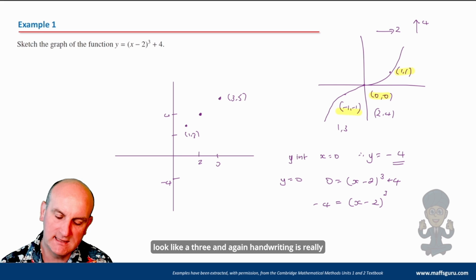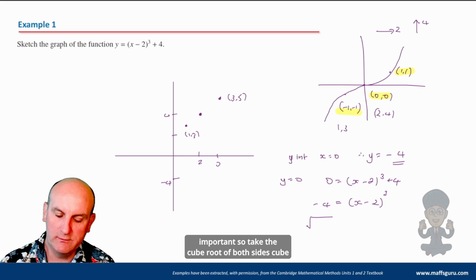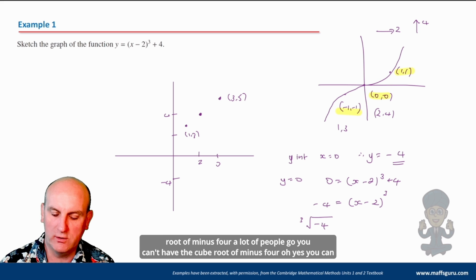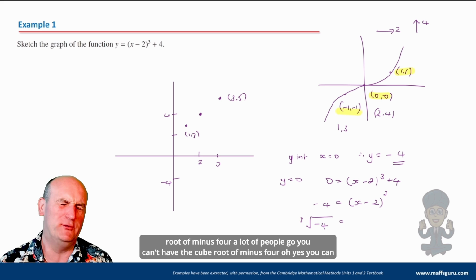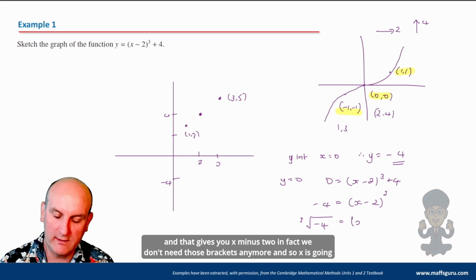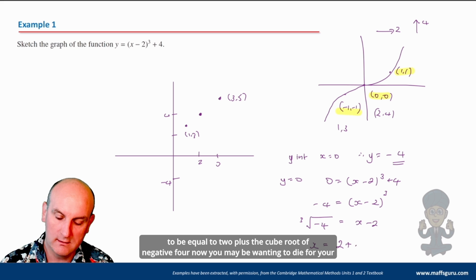Again, handwriting is really important. So take the cube root of both sides, cube root of -4. A lot of people go, you can't have the cube root of -4. Oh, yes, you can. And that gives you x minus 2. In fact, we don't need those brackets anymore. And so x is going to be equal to 2 plus the cube root of -4.